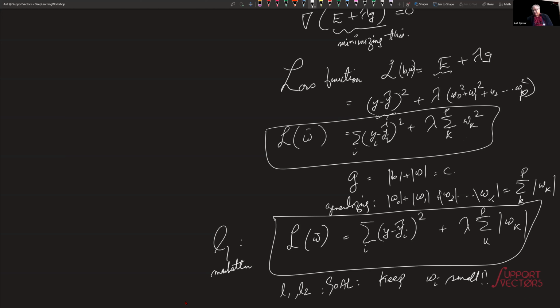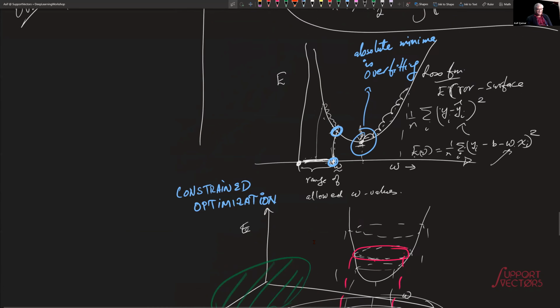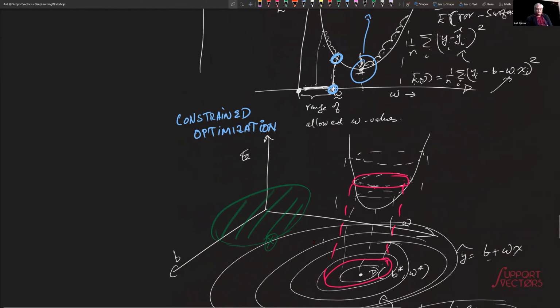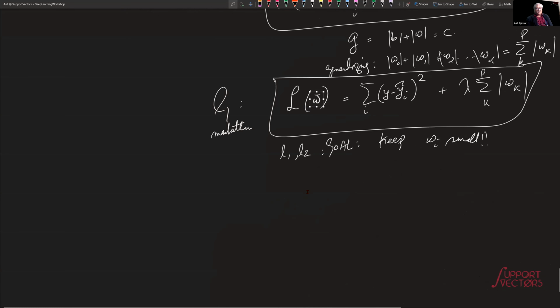So I will review this L1, L2. If you are completely new to this, it may feel like too much geometry and too much mathematics, but you can short circuit and take a flight over all the mathematics and reach a final statement.